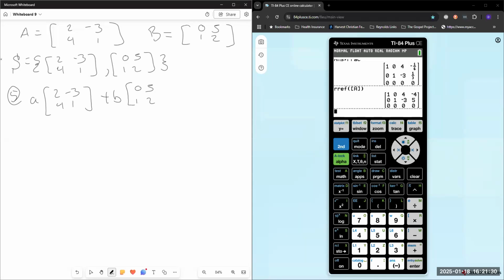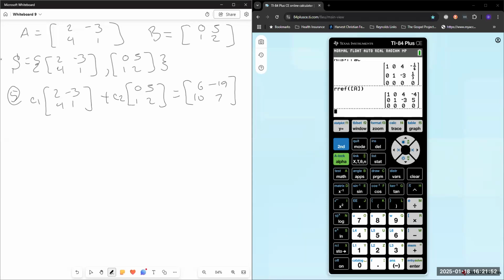You can call these C1 and C2 if you want to. Might as well. C1 and C2 equal to 6, -19, 10, 7.